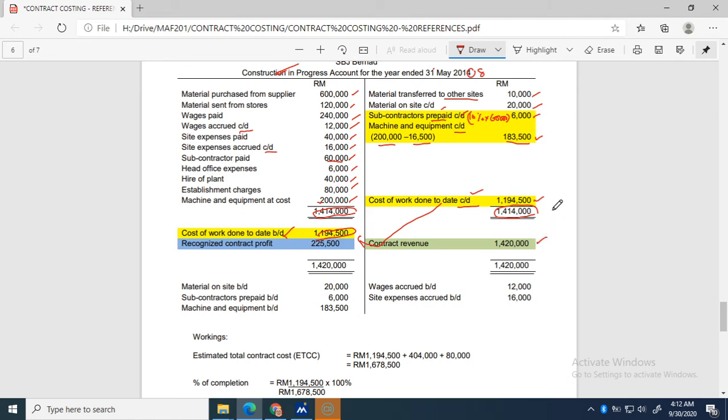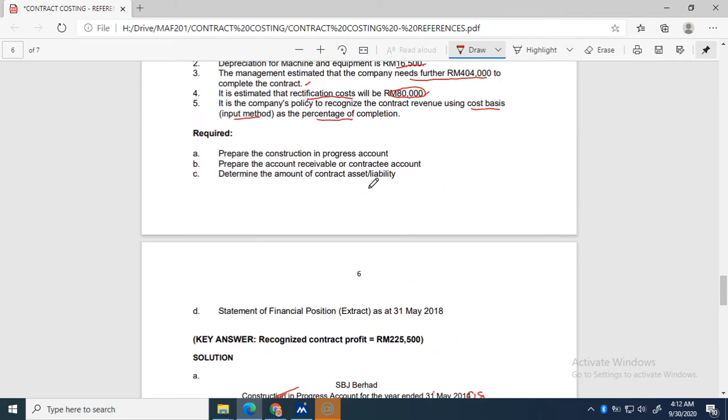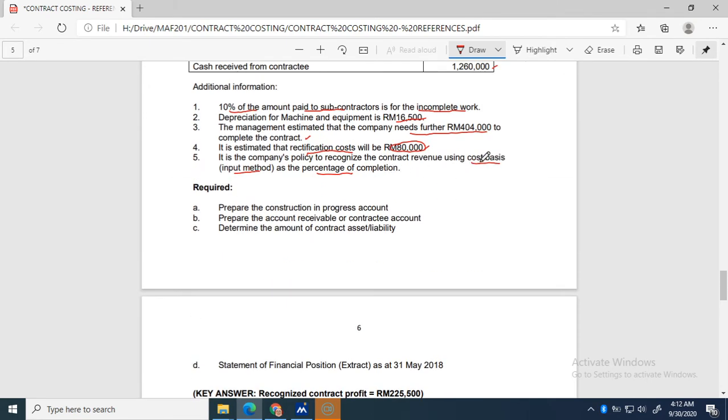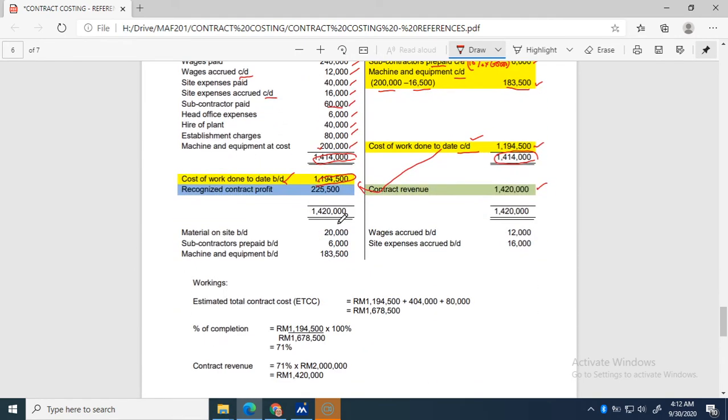Then we have to calculate the contract revenue. How to calculate the contract revenue? We base on cost basis. The percentage is based on cost basis. That means input method. Calculate the percentage of completion. Input method means cost of work done to date, that means 1,194,500 ringgit divided by estimated total cost.